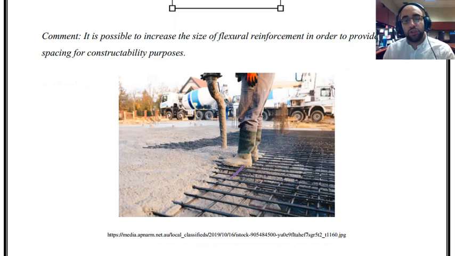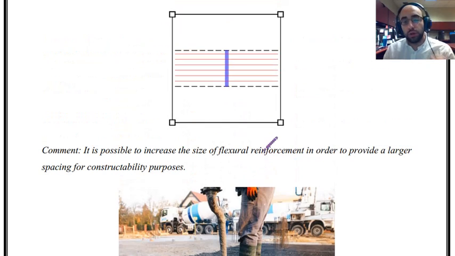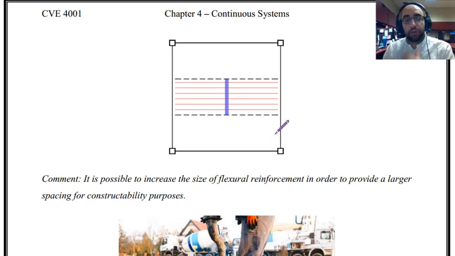At the end of the day, we should be able to pump the concrete, and it should go through the slab, and also workers should be able to really construct this slab and put the reinforcement in the site. So maybe for the second try, one thing that you can do is to just consider number 4 bars, and this time we can consider a larger spacing.